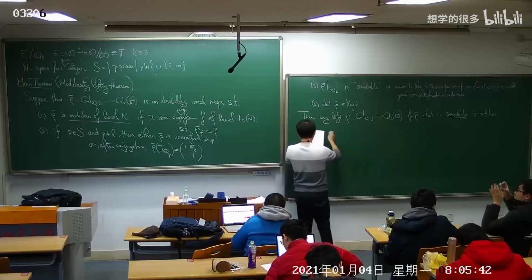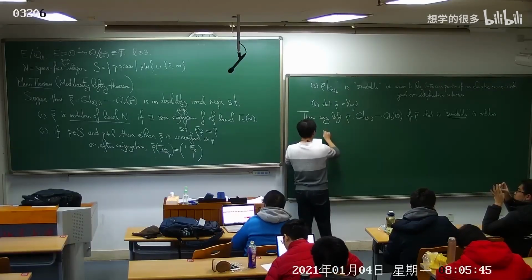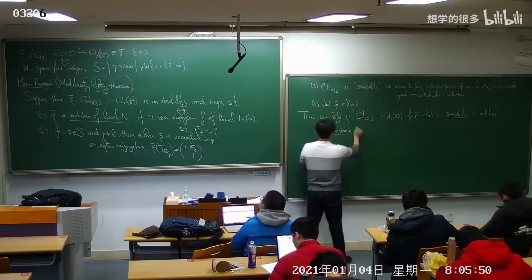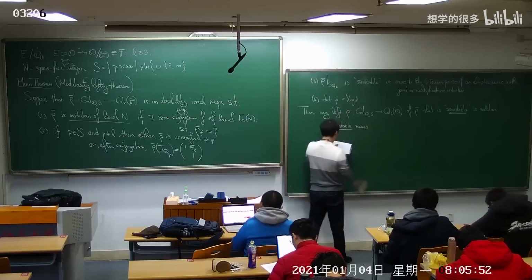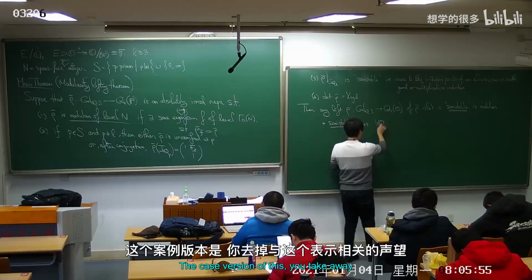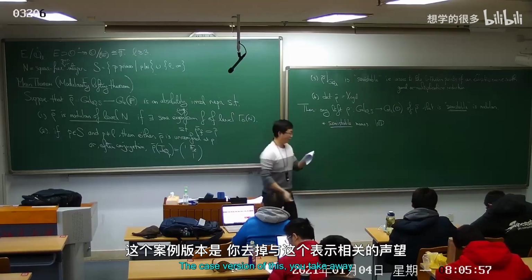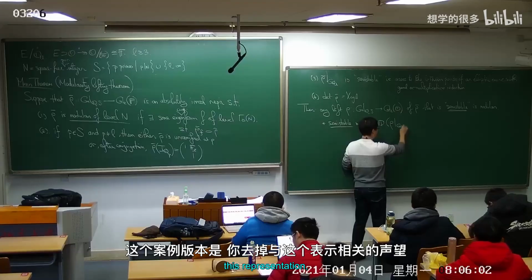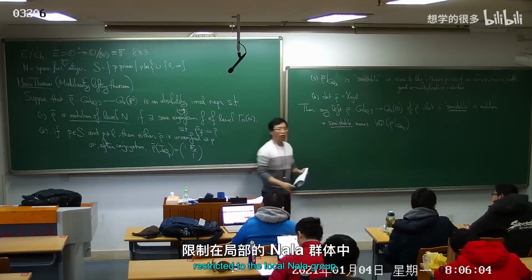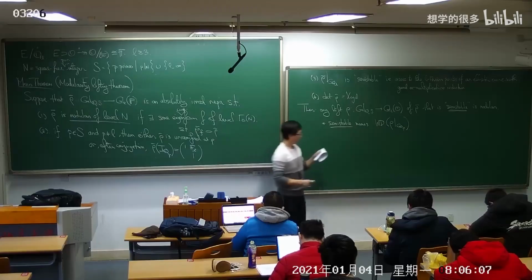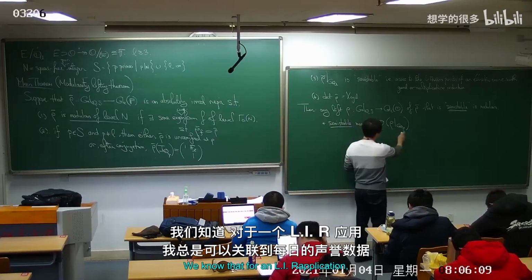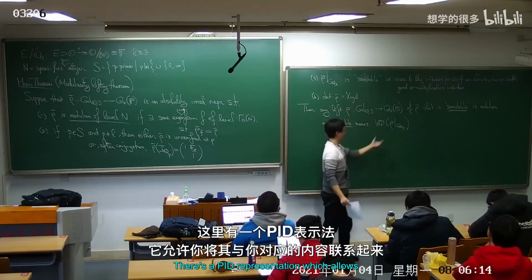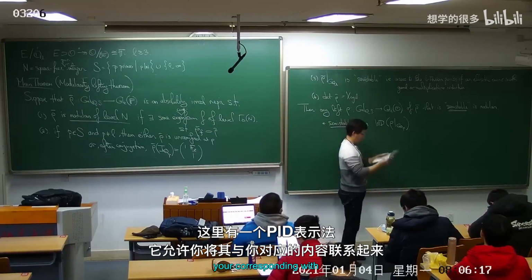Here semi-stable means, basic version of this is that you take the Weil-Deligne representation associated to this representation, restricted to the local Galois group. We know that for the L-adic representation, I can always associate a Weil-Deligne representation. Even for the p-adic representation, there's Fontaine's p-adic Hodge theory which allows you to associate the corresponding Weil-Deligne representation.